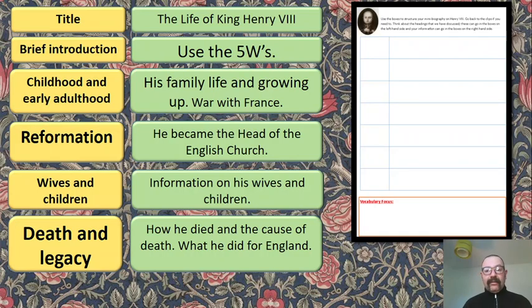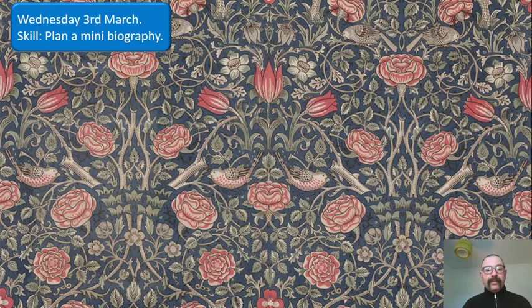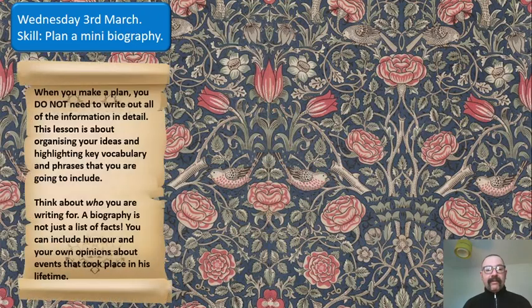Right, so moving on, we'll just do a very quick recap. So when you make your plan, you don't need to write out all of the information in detail. You don't need to do that. You've still got your notes to work from on Friday. So this lesson is about organising your ideas and again highlighting that key vocabulary and phrases that you can include. Think about who you're writing for.